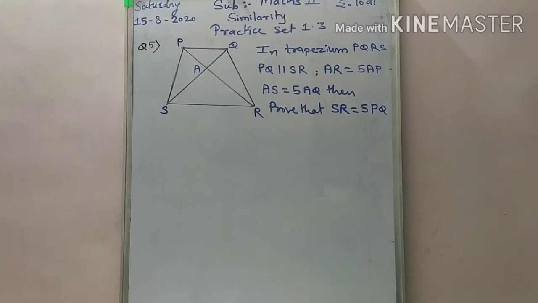So actually this example also depends on the similarity of two triangles. So first, according to this figure, we have to select the two triangles which we have to show as similar triangles. So how can we find out those two triangles?